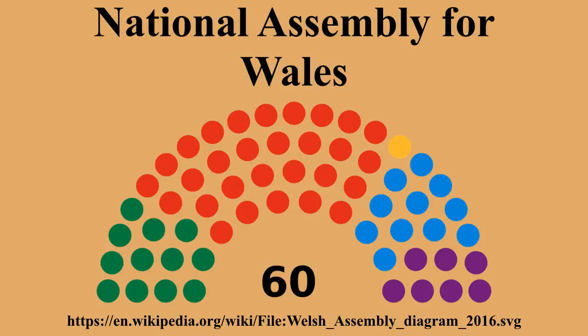Composition. Following the elections in May 2016, the composition of the Assembly changed in the most dramatic fashion since the beginning of the Assembly. Labour dropped from 30 to 29 seats, and Plaid Cymru moved from 11 to 12 seats, with Plaid's leader Leanne Wood gaining the constituency of the Rhondda.